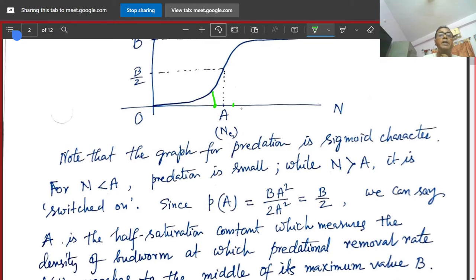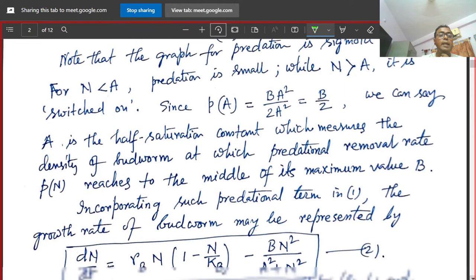At the point A predation is B by 2, and to the right it jumps toward B. We can say A is the half saturation constant, which measures the density of budworm at which the predation removal rate P(N) reaches the middle of its maximum value B.